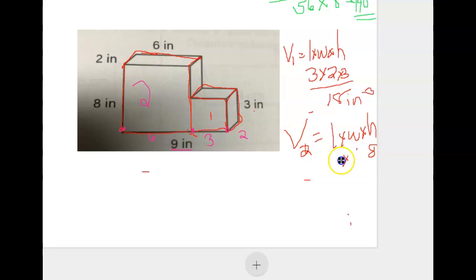The width is 2, and the length is 6. Okay? So we multiply 6 times 2 is 12. 12 times 8 is, 8 times 2 is 16, so 96 cubic inches.